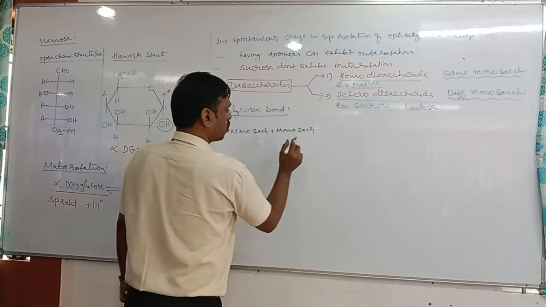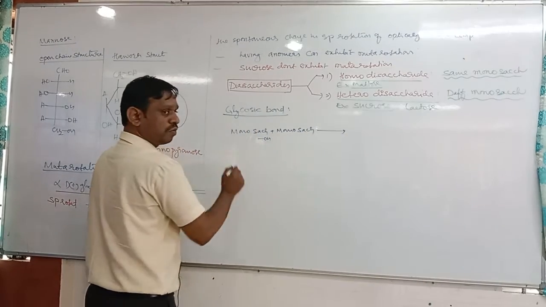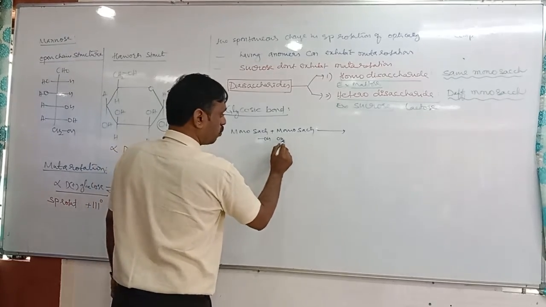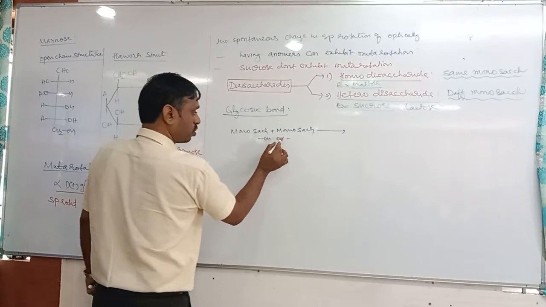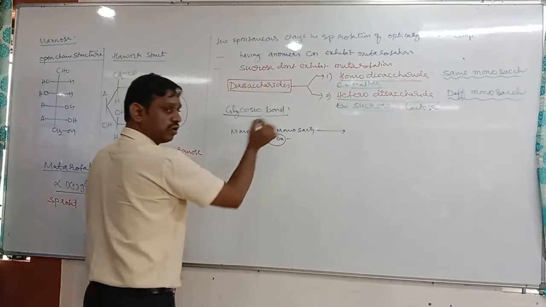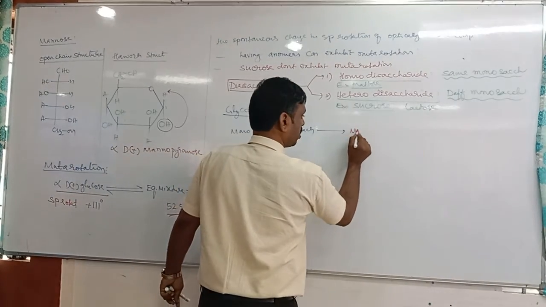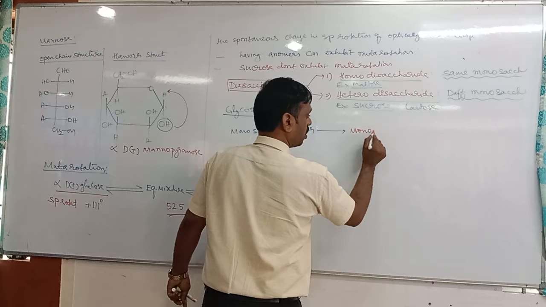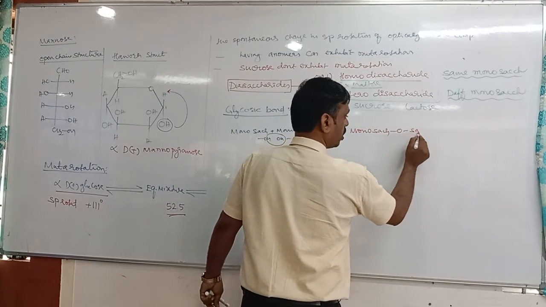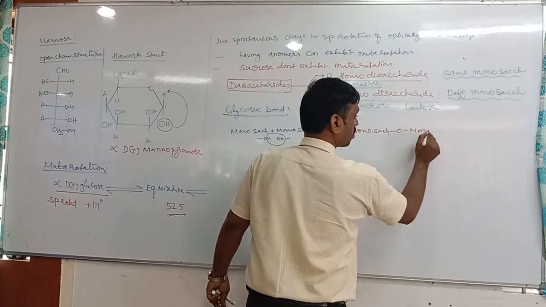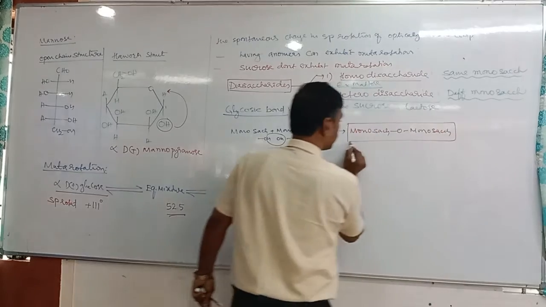If you take a monosaccharide and another monosaccharide, the OH group of one monosaccharide and the OH group of another interact. When they interact, they eliminate water, and an oxygen is left, so the two monosaccharides are joined together by an oxygen bond.